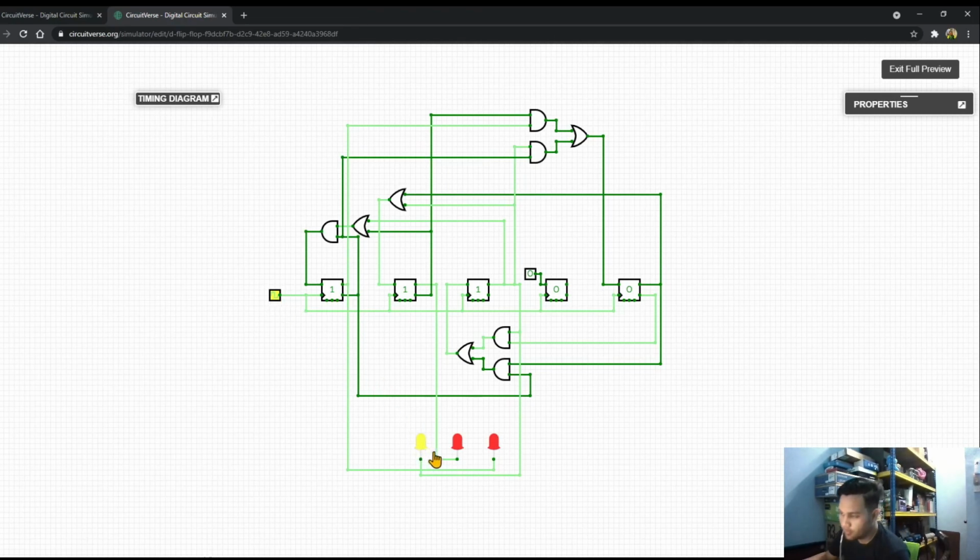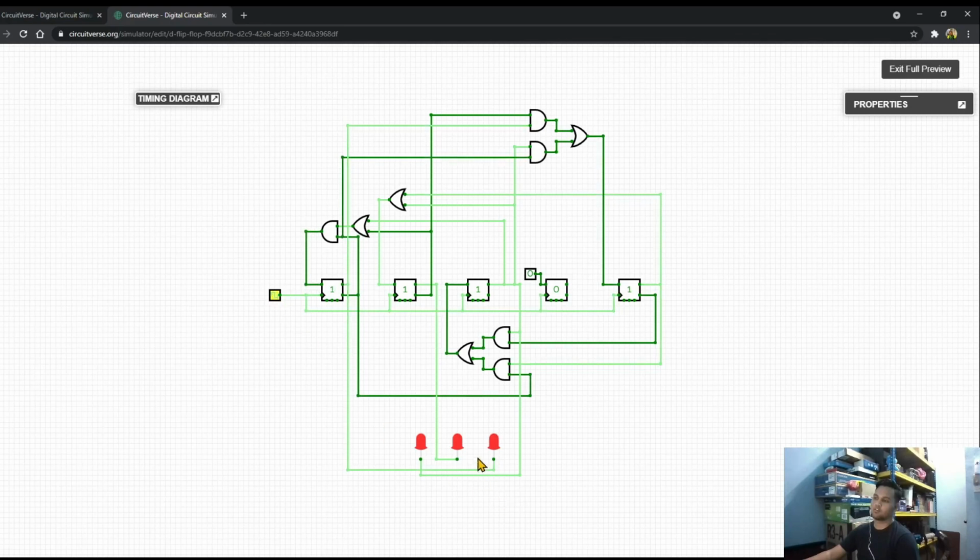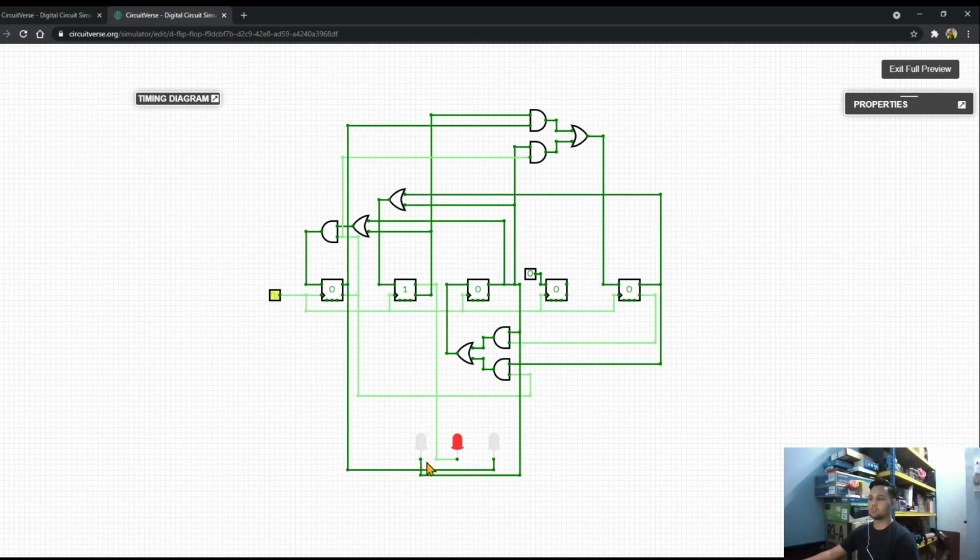Then 7, 4 plus 2 plus 1 equal to 7. 6, 4 plus 2 equal to 6. 7, 4 plus 2 plus 1 equal to 7. 2, in the middle of the LED. So this is my D flip-flop circuit for my ID.